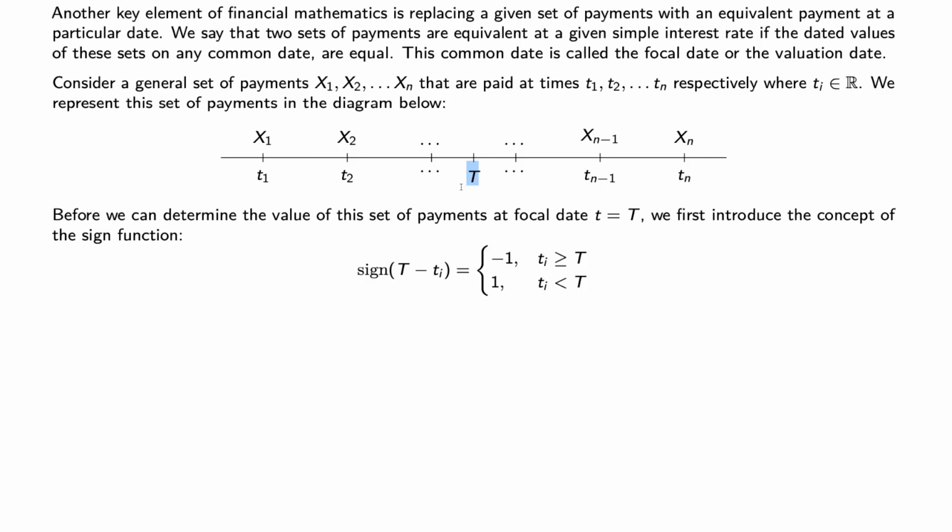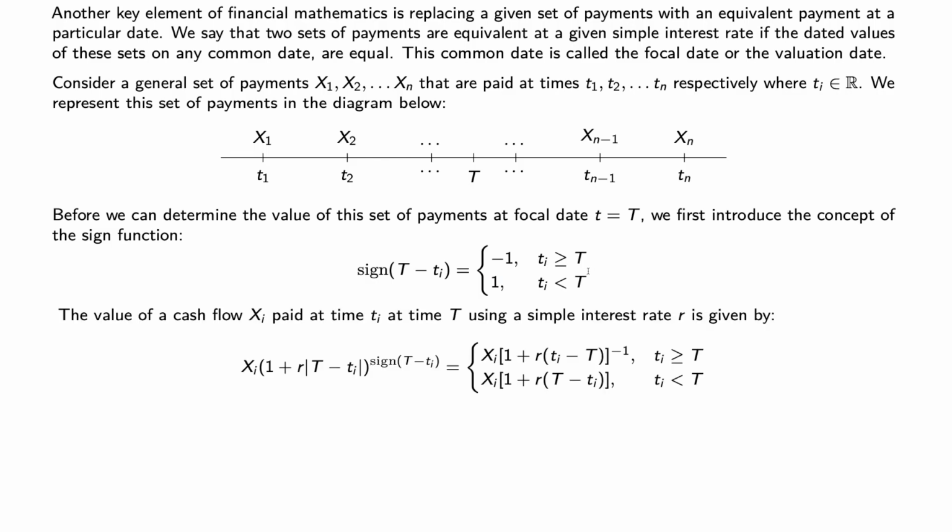So if we have t here, and we have t1, for example, that's less than t, then we've got a value of 1 in the function. This sine function is going to help us to determine whether we have to accumulate payments or discount payments. So let's have a look here.